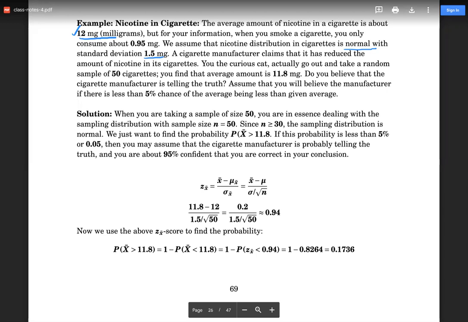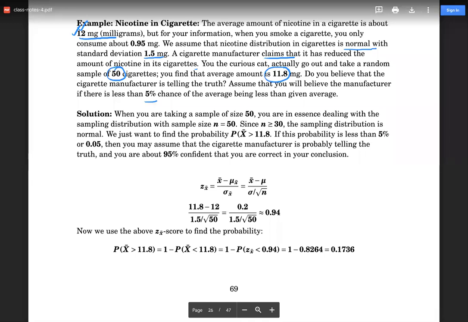A cigarette manufacturer claims that it has reduced the amount of nicotine in its cigarette. You, the curious cat, actually go out and take a random sample of 50 cigarettes. You find that the average is 11.8 milligrams as opposed to 12 milligrams. Do you believe that the cigarette manufacturer is telling the truth? Assume that you will believe the manufacturer if there is less than 5% chance of the average being less than the given average.